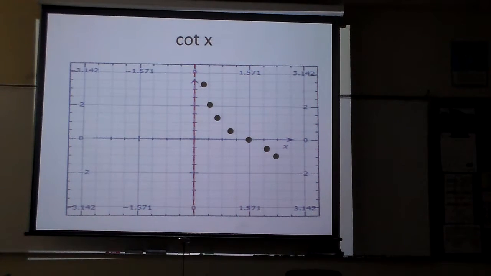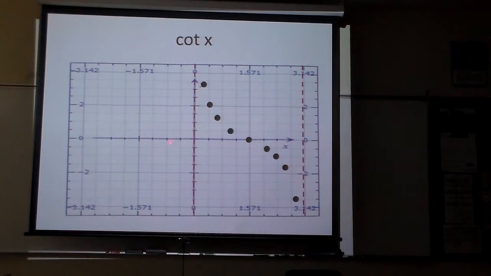I'm going to be at negative 1 when it's at 3 pi over 4. When I'm at 5 pi over 6, I'm going to be at negative square root of 3, which is negative 1.7. And then what's going to happen is as I get closer to pi, I'm going to get closer to another asymptote. And so this cotangent graph kind of snaked down. So I call it, it's going down.